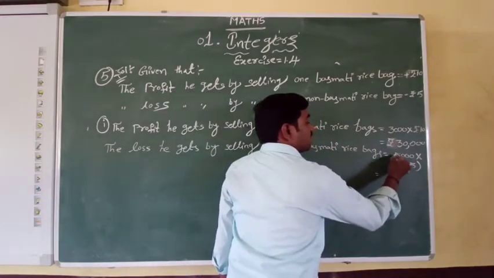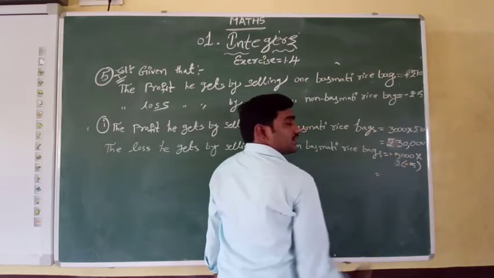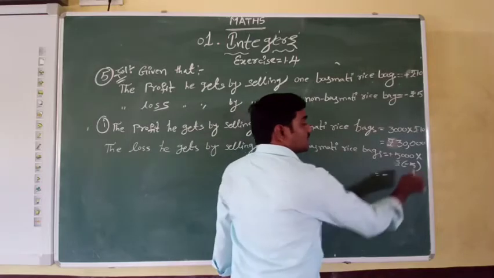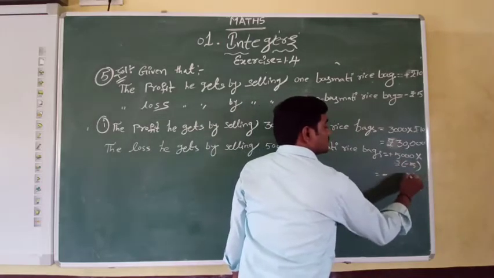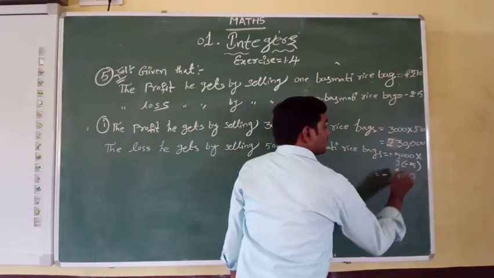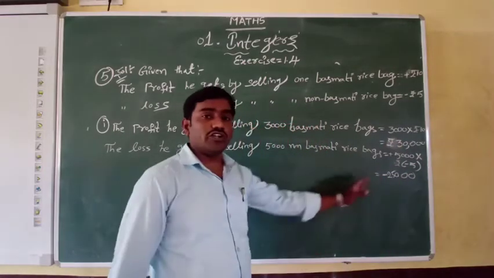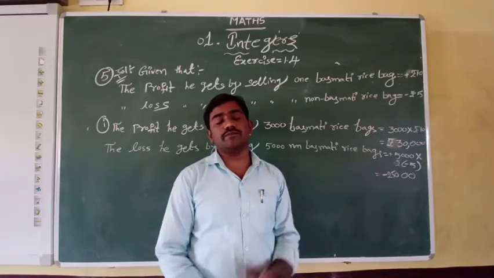Here 5,000 is plus, here it is minus. So how much loss does he get? 5 zeros are 0, 5 zeros are 0, 5 zeros are 0, 5 5s are 25. So 25,000 rupees of loss.